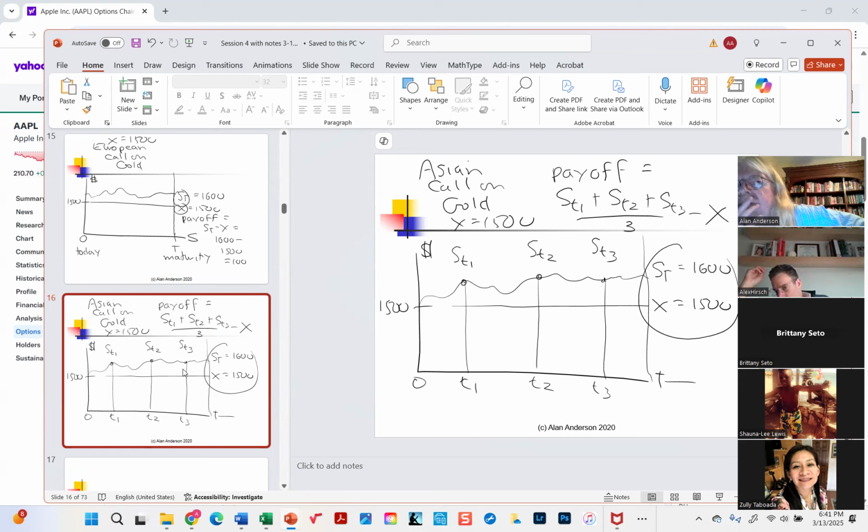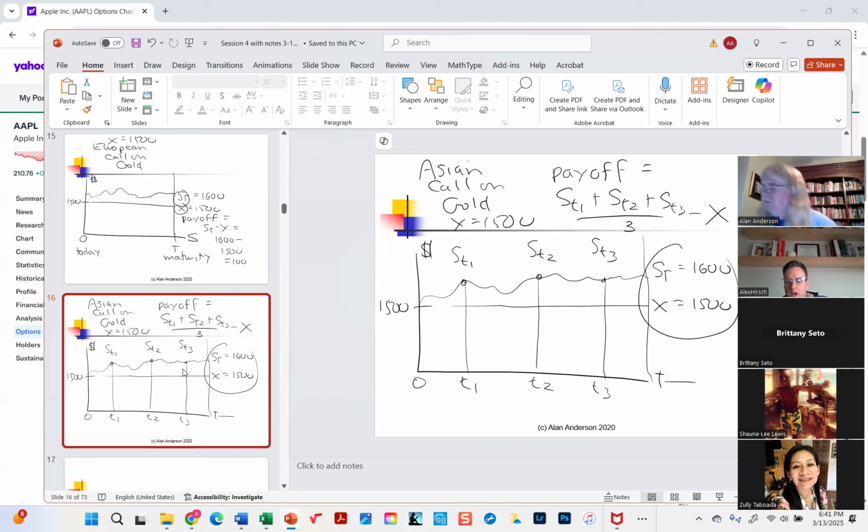So yes, the Black-Scholes model can always give us a price for a European option, but it's not going to work for a case like this because we have to take into account multiple prices. That's why it's such a mess to calculate the prices of exotic options, because it depends not just on where the price ends up, but how it got there. So yes, it can be done, but it's a lot messier.